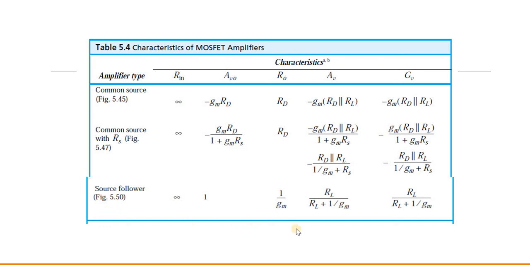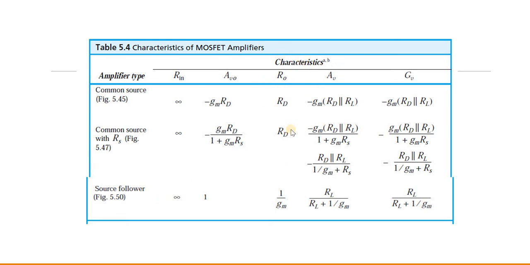And the last configuration we have seen is the source follower. So the input resistance of the source follower will be infinite. And for the source follower, we know the open circuit voltage gain will always be 1. So source followers find applications where we require high input resistance or input impedance and low output resistance. Not for gain purposes will we make use of the source follower.